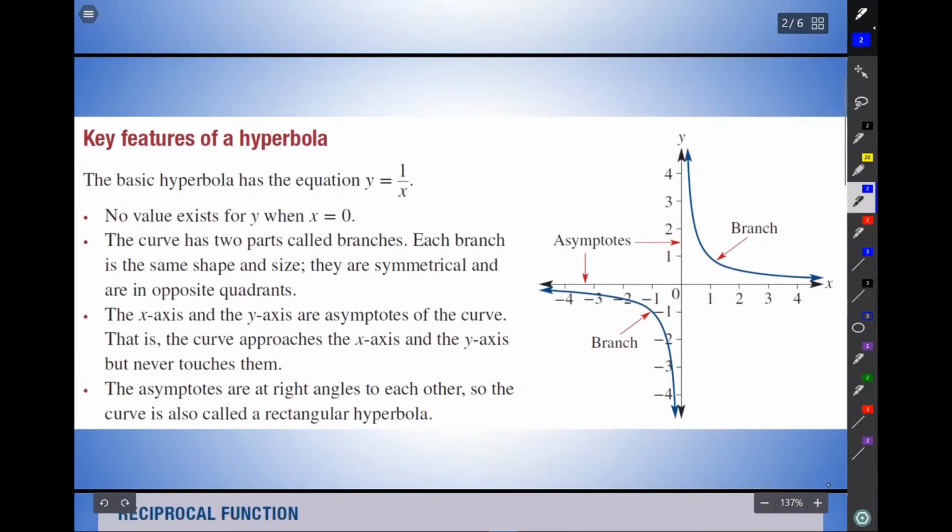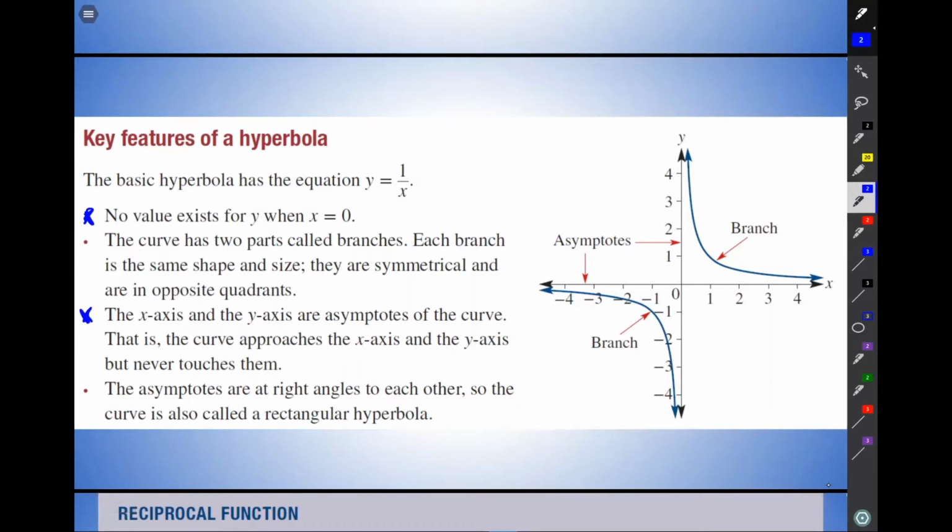So again, here are some of the features of a hyperbola or a reciprocal function. They generally look something like this. One of the key things to know is these 2 points, they kind of mean the same thing.